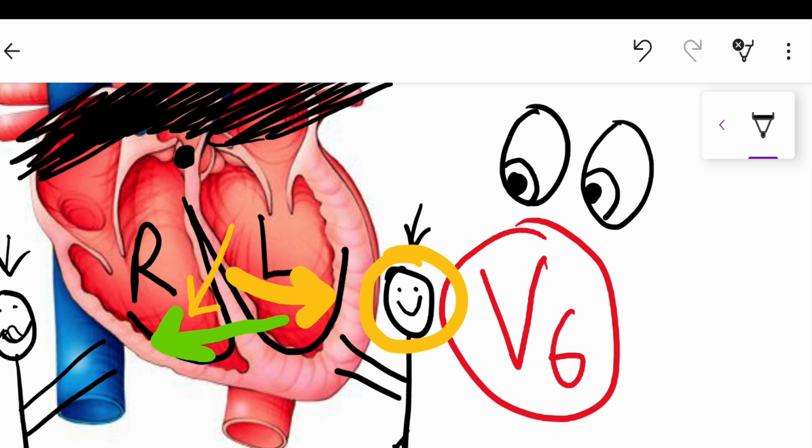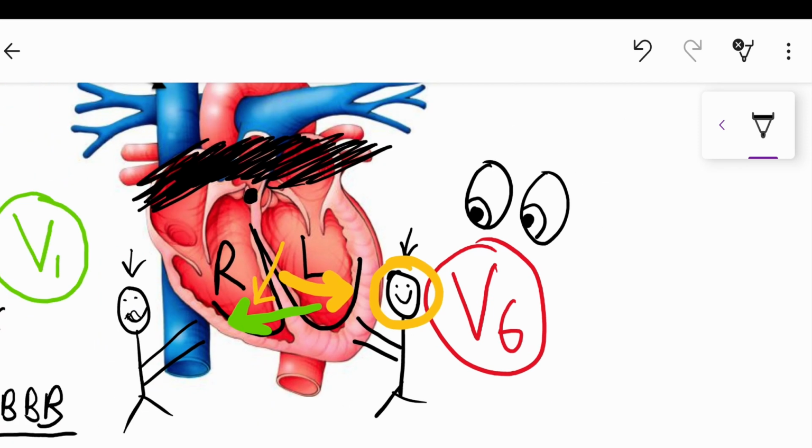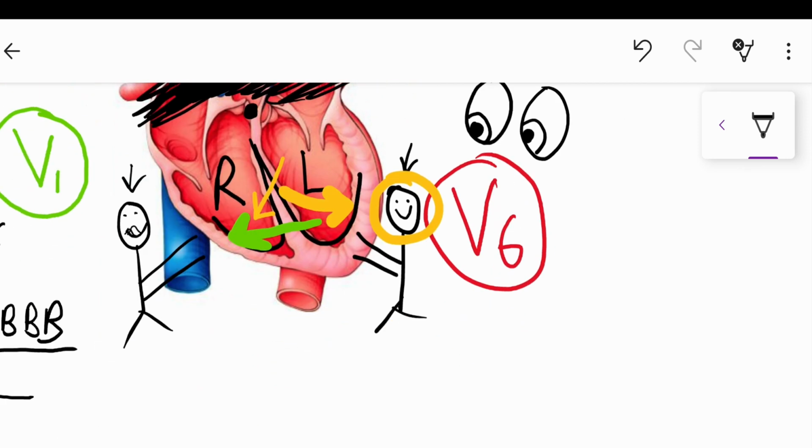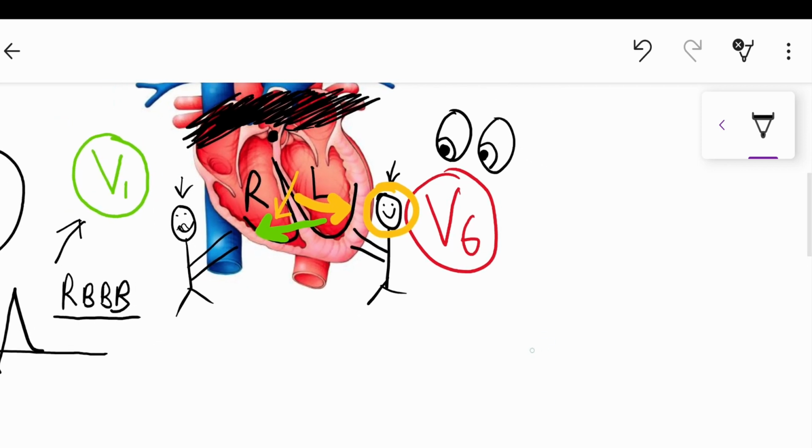Let's draw the same isoelectric line here. Okay, there we are. Let's keep it straight. Now, what did I say? Septal depolarization goes from left to right. What's happening here? The wave is moving away from V6. What's that going to mean? It's going to mean a little, little negative deflection here.